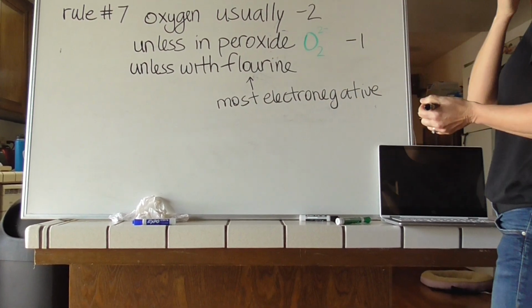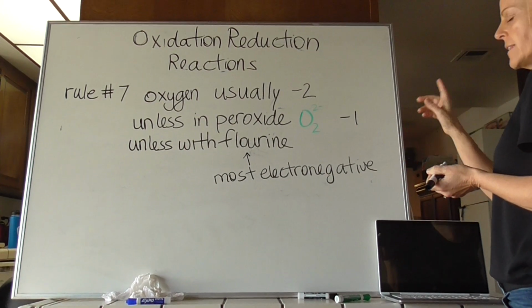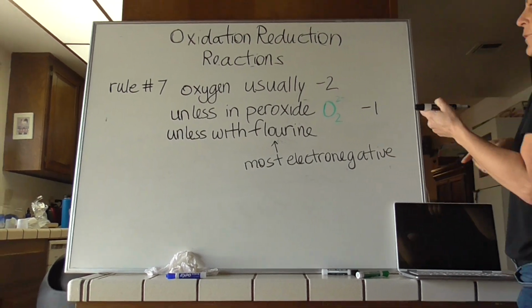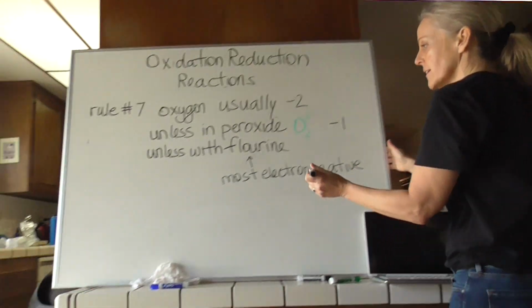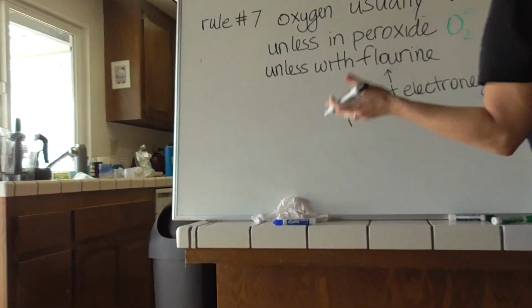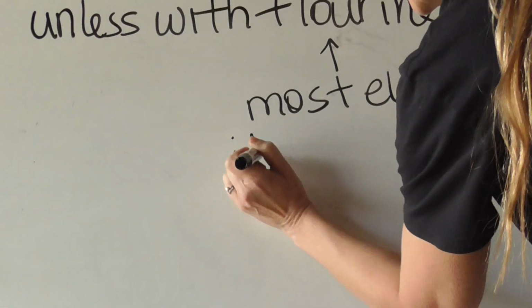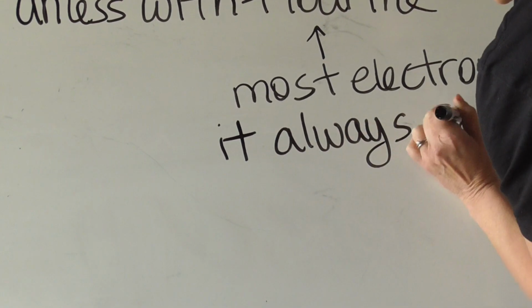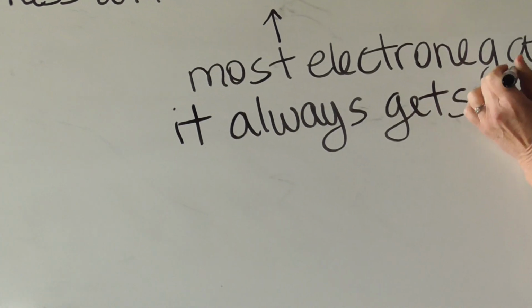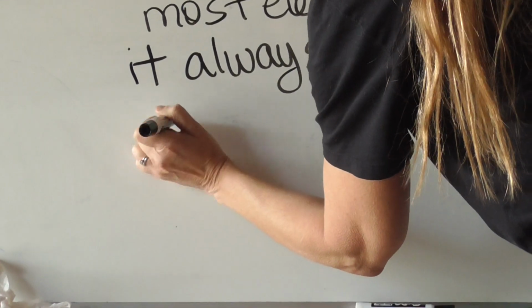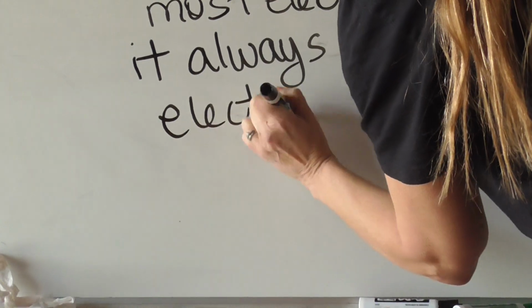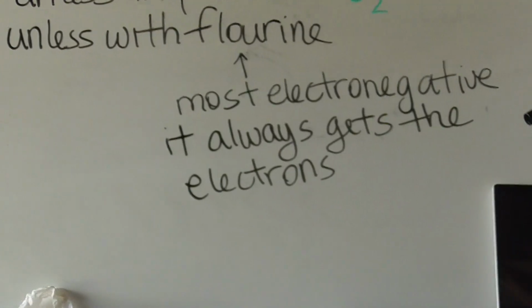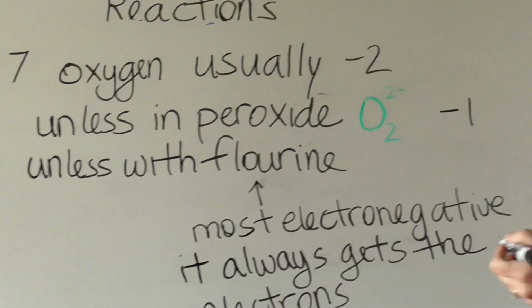Some of you put this as your oxidizing agent on the pre-quiz that I gave. You used fluorine as an example because it's the most electronegative, so it always gets the electrons. So anytime something's with fluorine, fluorine gets -1.